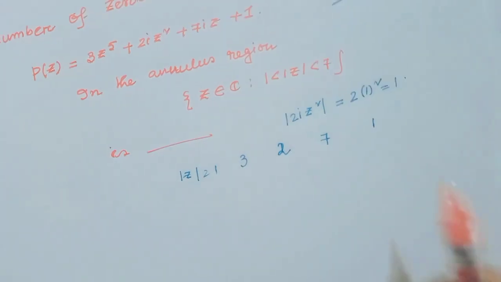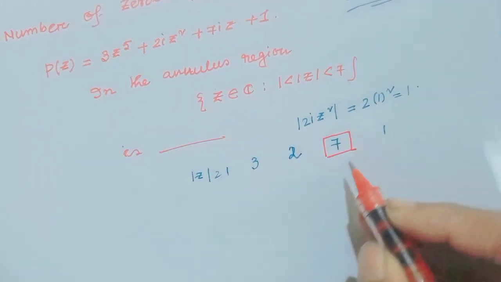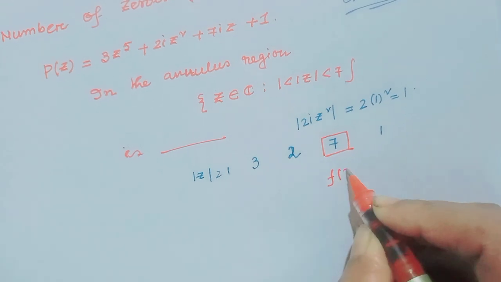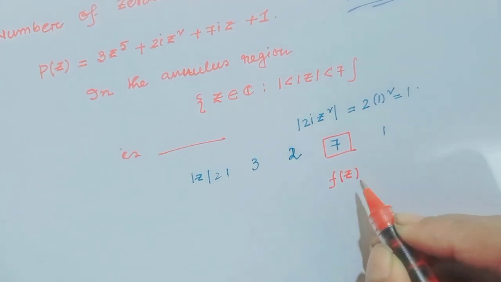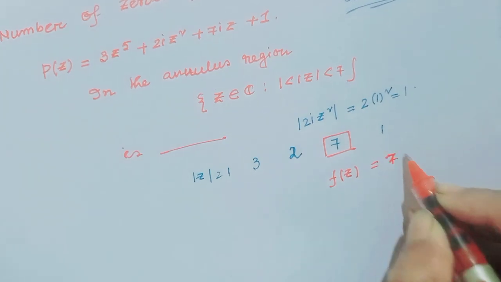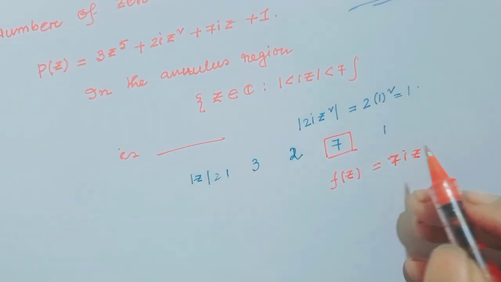Here the highest degree term is 7iz, so f(z) equals 7iz and the other terms are g(z), similar to before.